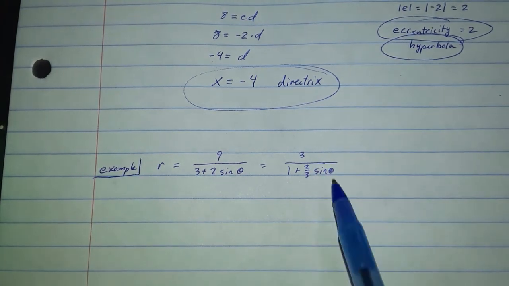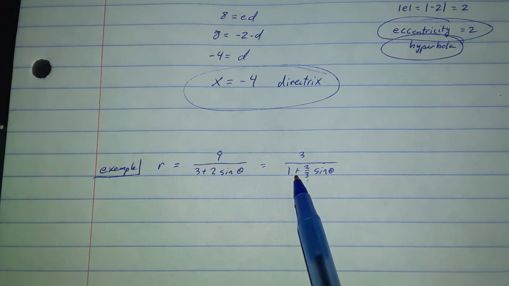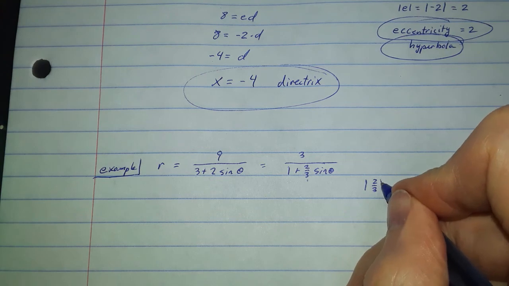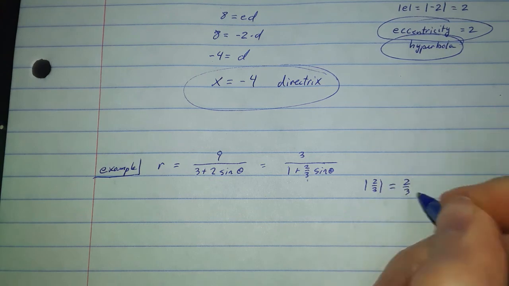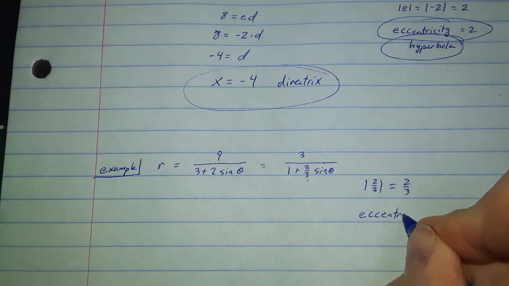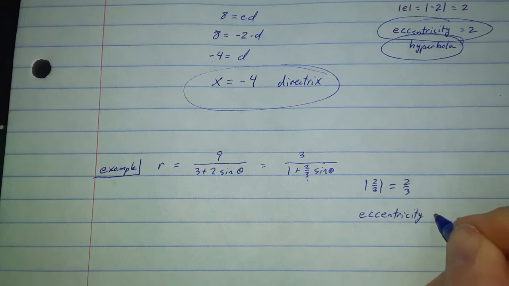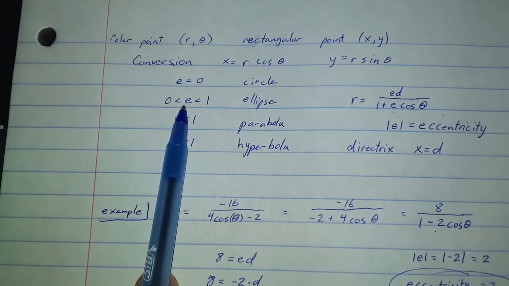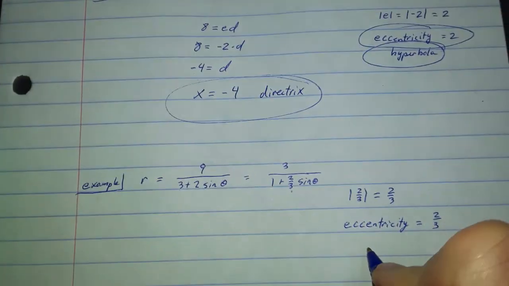And I've identified that this first term is e. I have a positive here. I want the absolute value of 2/3. That's going to be 2/3. So I have an eccentricity of 2/3. And 2/3 is between 0 and 1. So I have an ellipse.